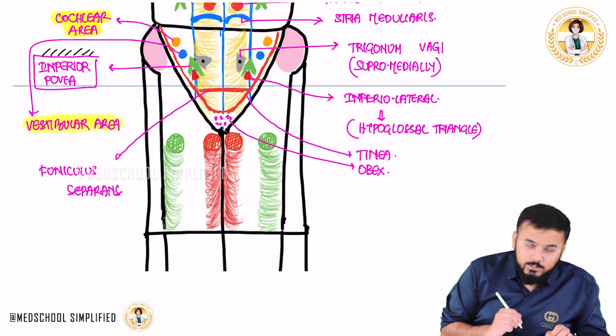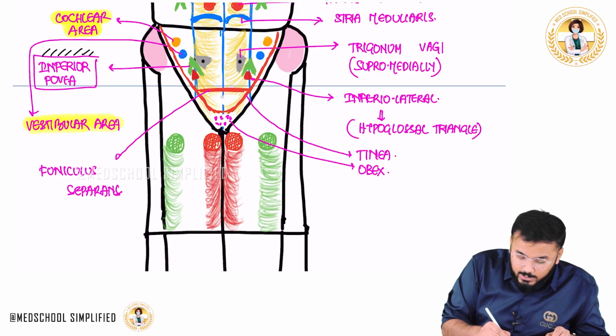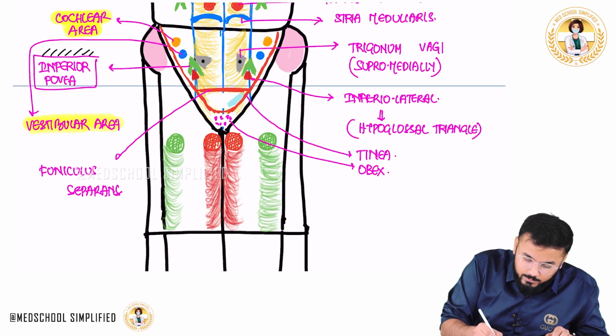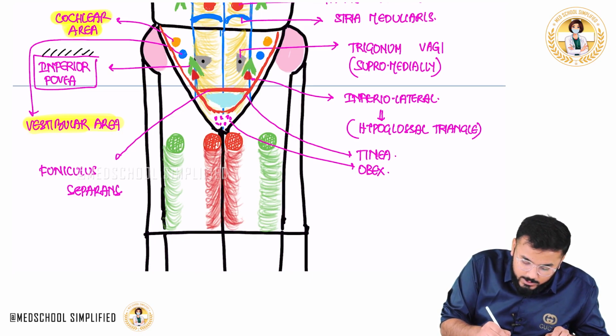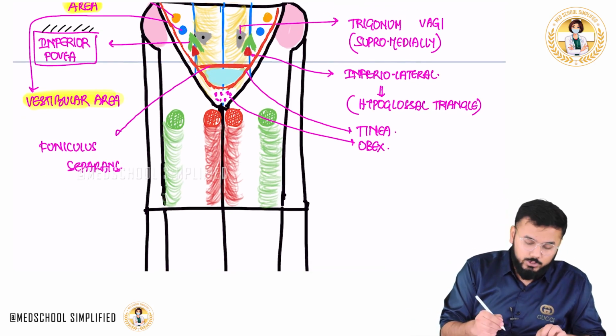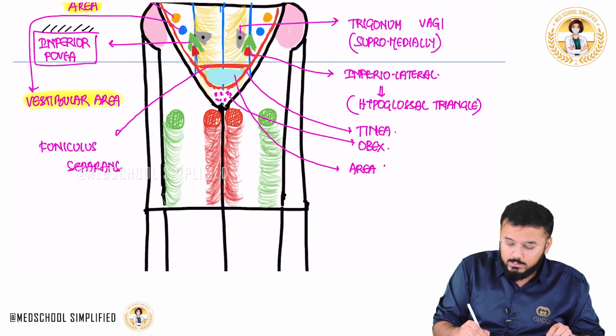Now next important thing, what did I discuss in the previous class? Within this funiculus separatus, you see a triangular area which I'll highlight with another color over here. This blue color triangular area is called the area postrema. I have mentioned this already.